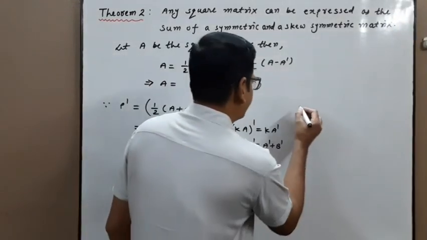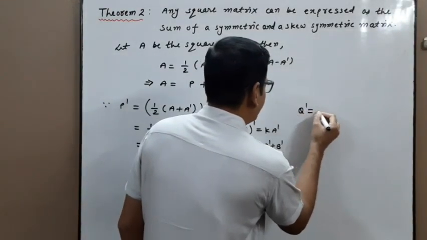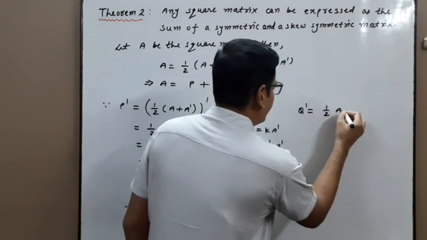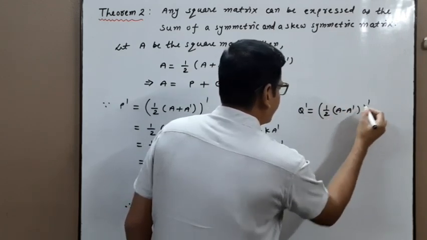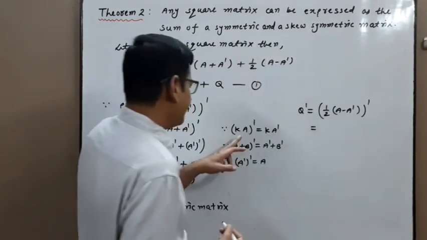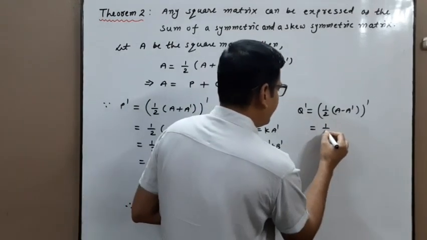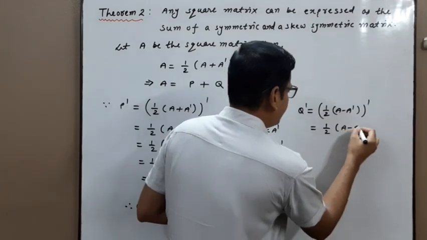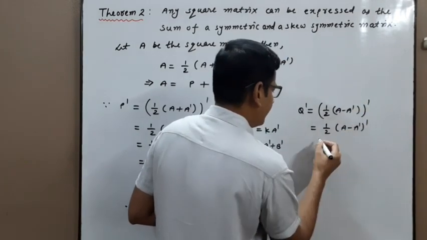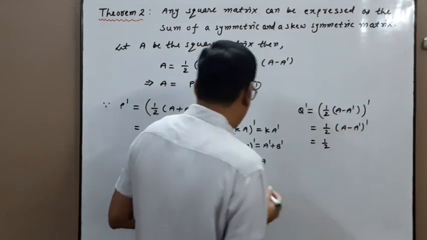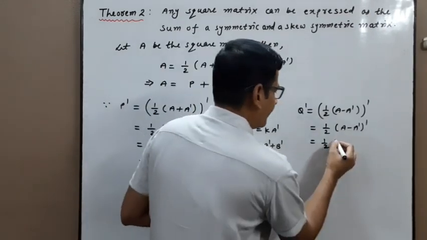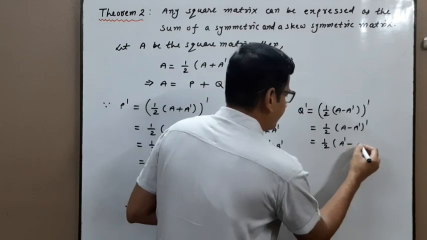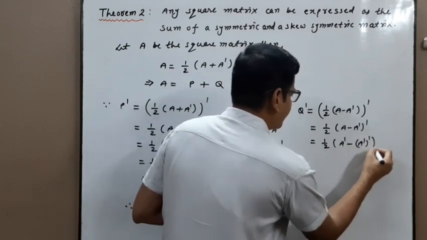Now Q dash is equal to 1 by 2 (A minus A dash) whole dash. By the same property, first we can write 1 by 2 (A minus A dash) whole dash. Then again apply this property; we can apply this property for plus or minus sign both. So A dash minus the transpose of A dash.